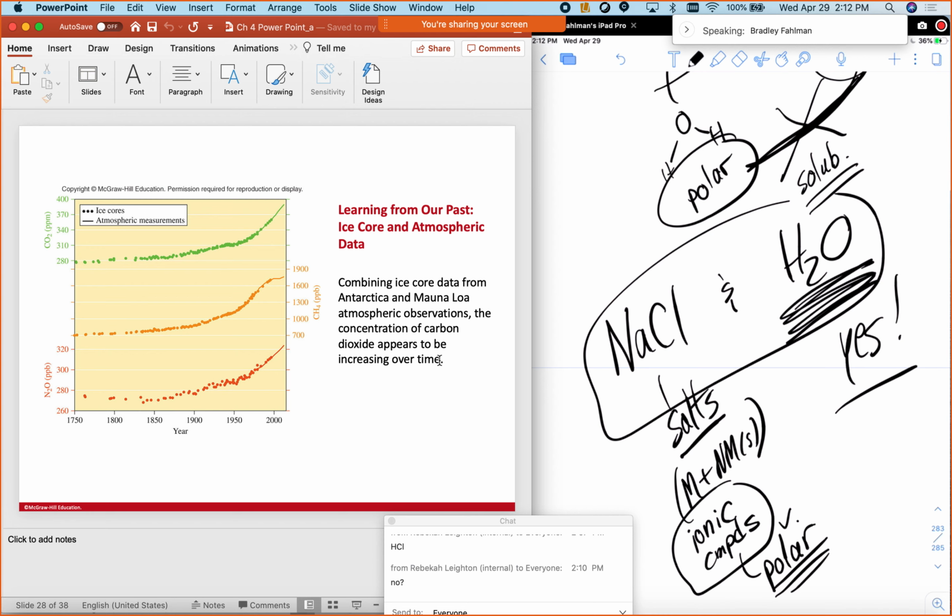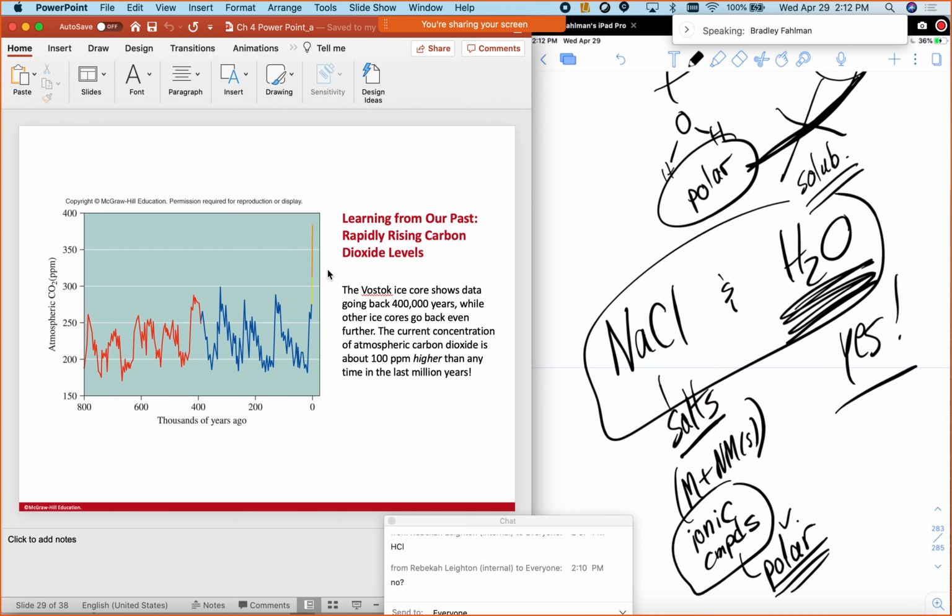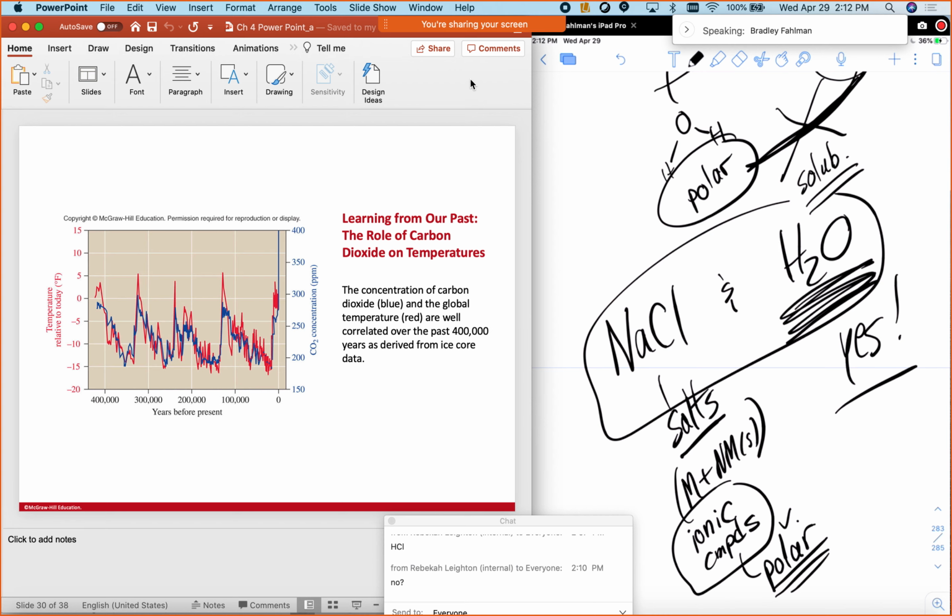I guess the big data piece to be aware of is that our current CO2 levels are higher than they've been in the last 800,000 years. So we're at higher levels now than we've ever been. Our temperature is going up.